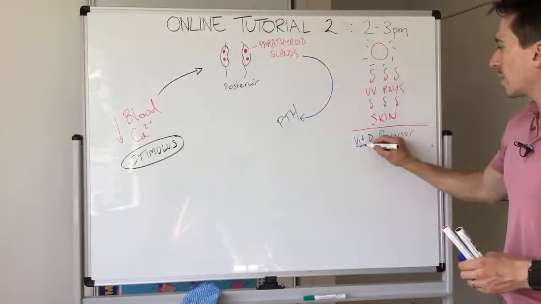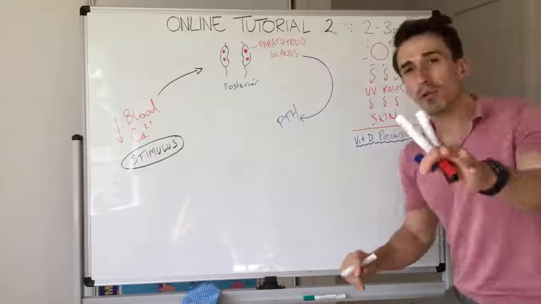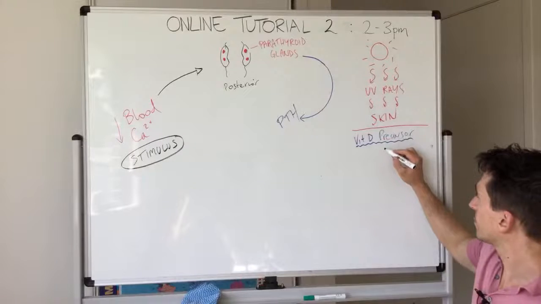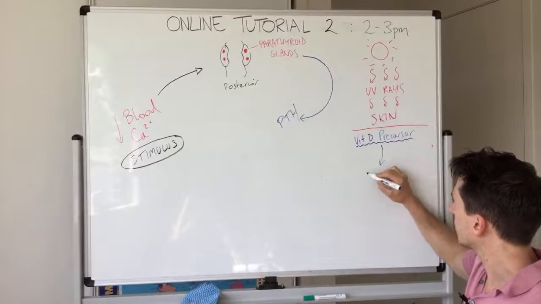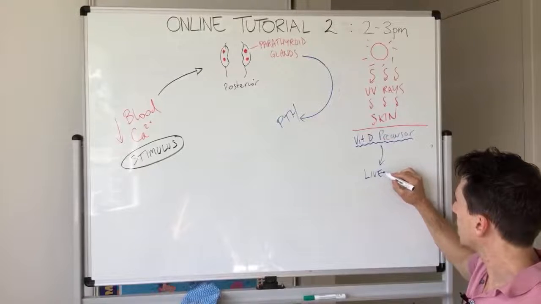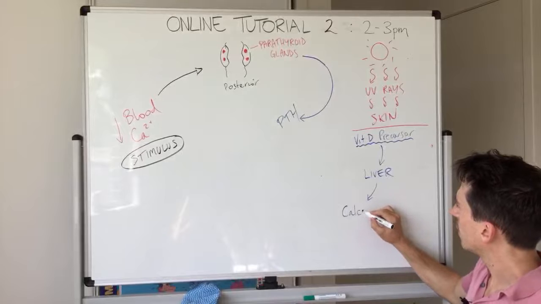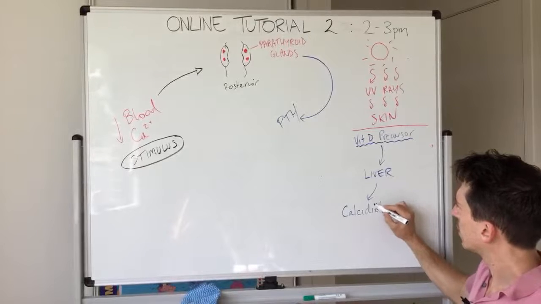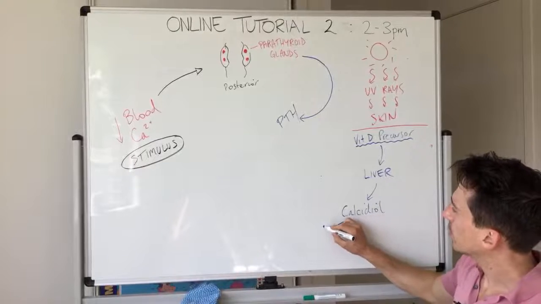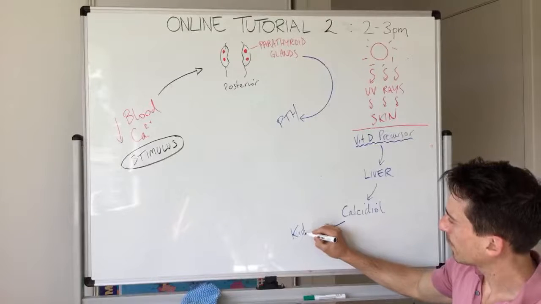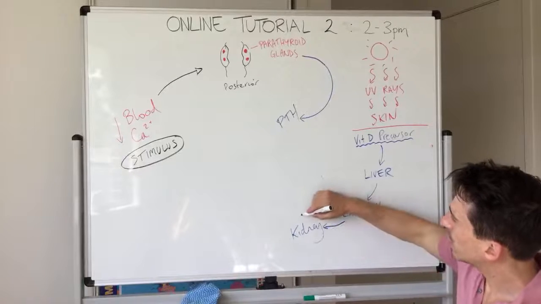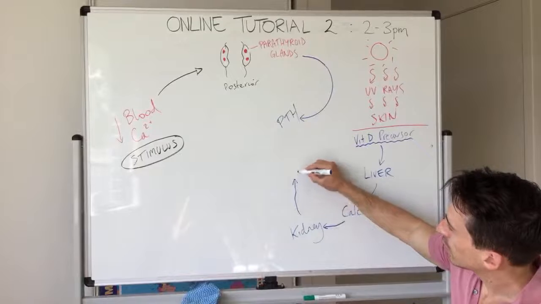So there's a vitamin D precursor that's made. Now, this vitamin D precursor goes to your liver. And your liver turns it into calcidiol. Calcidiol goes to your kidneys. And your kidneys turn it into calcitriol.